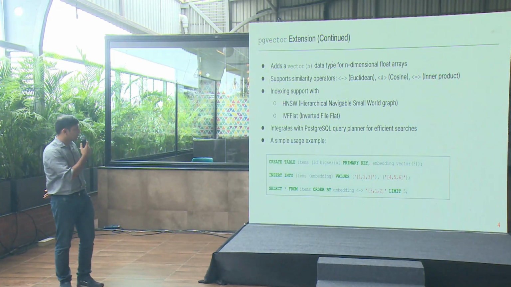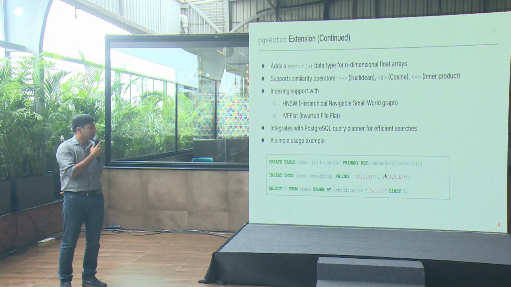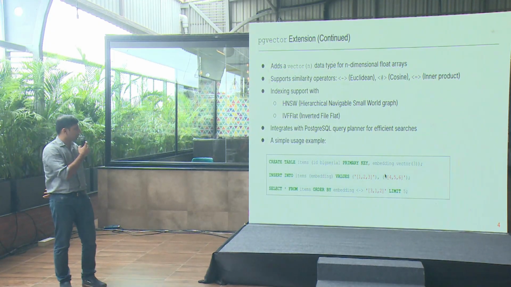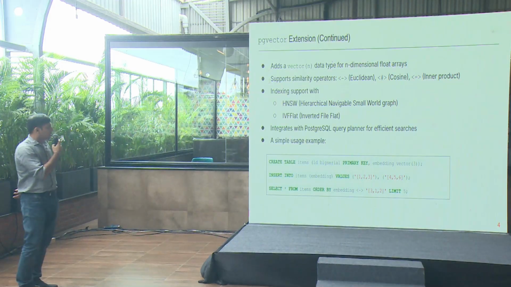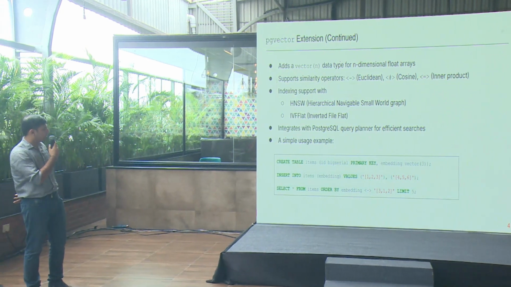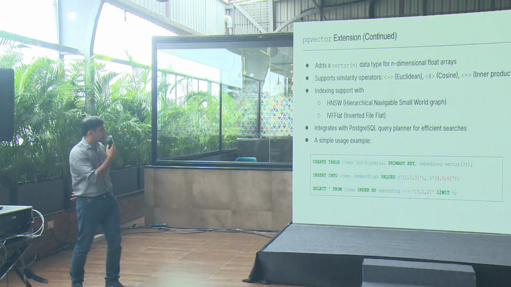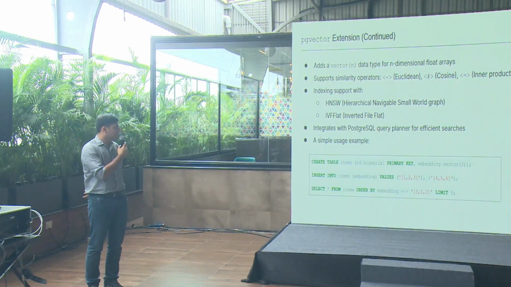It also comes with indexing support with HNSW as well as IVFFlat, inverted file flat. If you see the select query at the bottom, that's where we are querying the embedding. Embedding is the vector data type we have, and we're selecting on that value using the L2 distance function.